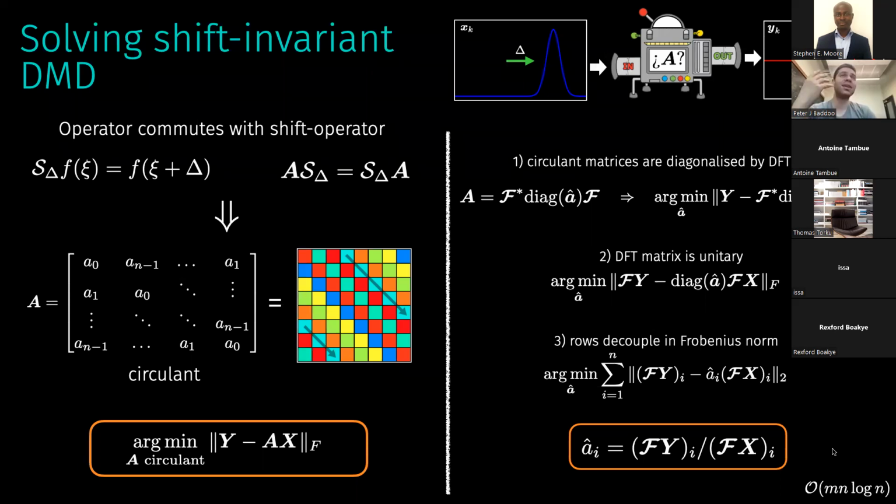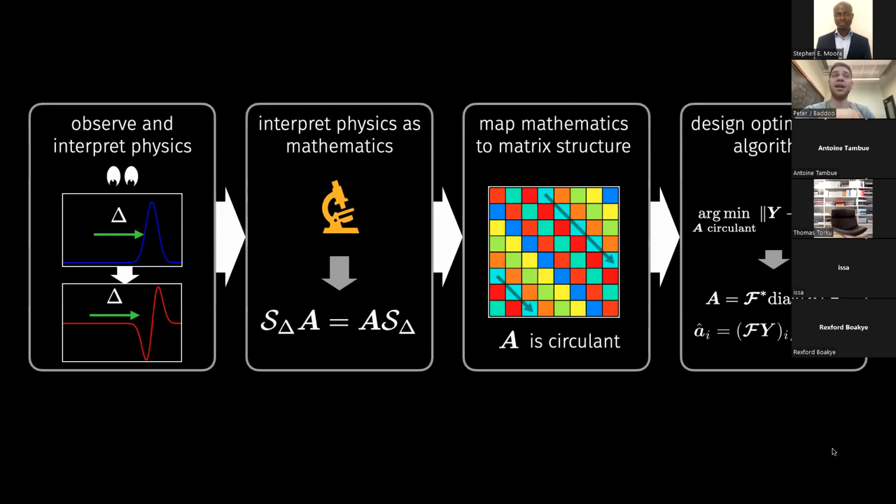So we can outline the framework that we use to come up with this shift invariant DMD. The first step was to know something about the physics of the system. In this case, we know that the system is shift invariant. The second step was to convert that physical understanding into a mathematical statement: the shift operator commutes with the model.